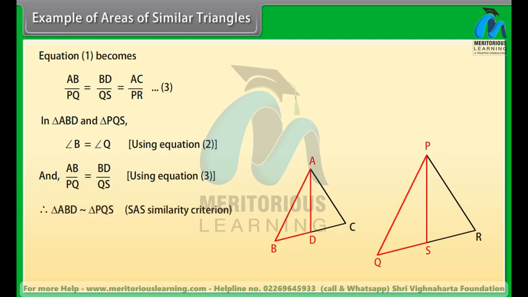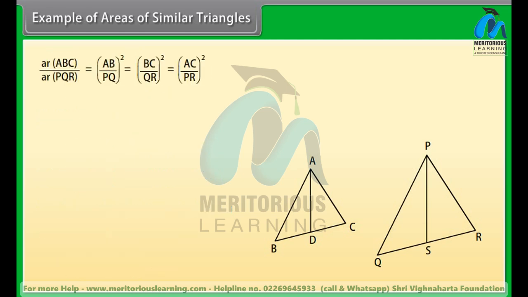Therefore, triangle ABD is similar to triangle PQS, SAS similarity criterion. Therefore, it can be said that AB upon PQ equals BD upon QS equals AD upon PS. Mark it as 4. Area of triangle ABC upon area of triangle PQR equals AB upon PQ whole square equals BC upon QR whole square equals AC upon PR whole square.